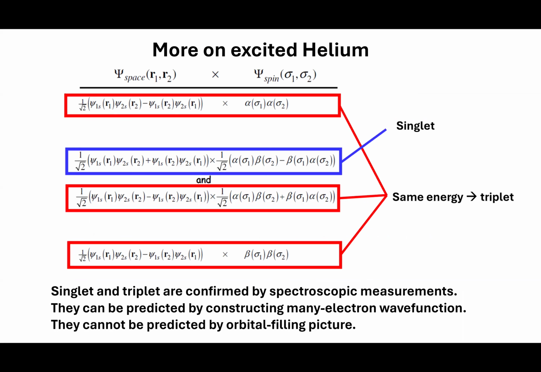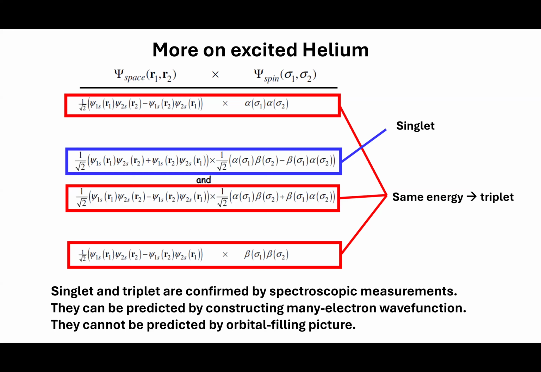Why can they? Because if we look at the wave functions of helium, we can calculate the energy of all those wave functions. That is done by plugging the wave function and the Hamiltonian operator into quantum mechanics and doing the integration, and you get the energy.